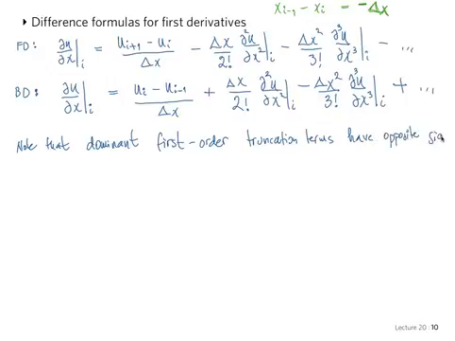So I'm going to add the two formulas. I add here, and I'm going to have a 2, but I'm going to divide the equation by 2, so I'm going to write it on the other side.